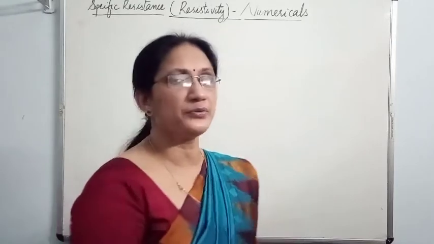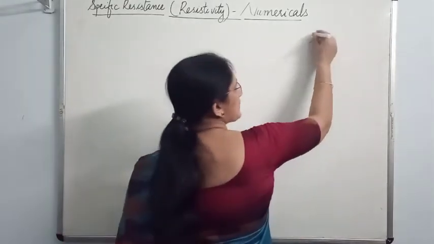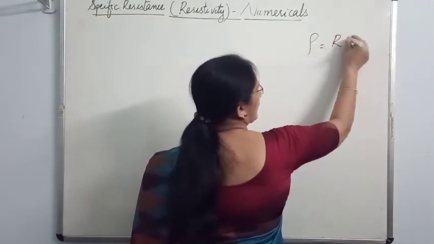Consider a metallic conductor or resistor having unit length, 1 meter, and area of cross section 1 meter square. How much resistance that material provides, that is known as specific resistance or resistivity, and the formula to find out specific resistance is rho is equal to RA by L.